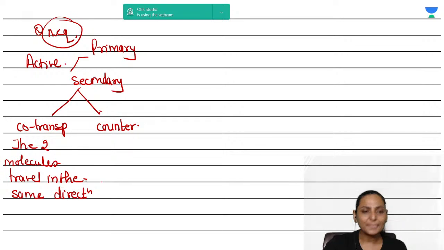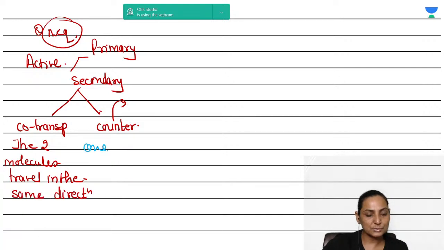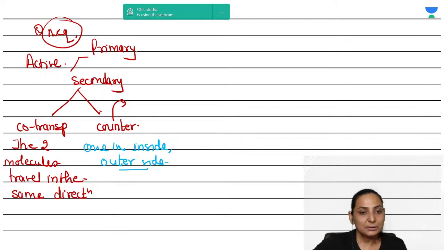Usually it is inside the cell. Counter transport means they are going to be transported in different directions, so one is inside and the other is outside. Now, primary means there is hydrolysis of ATP.